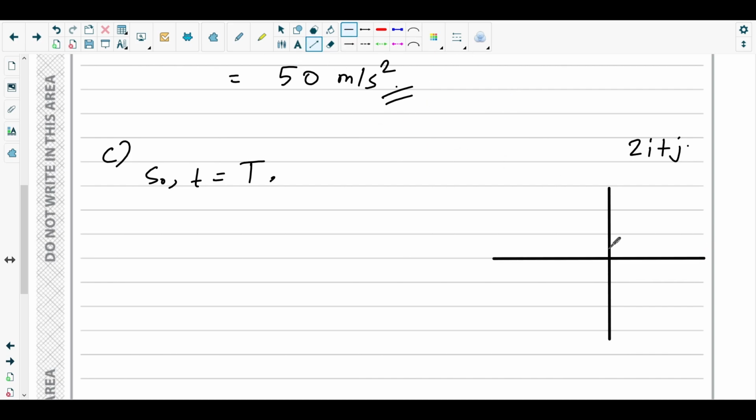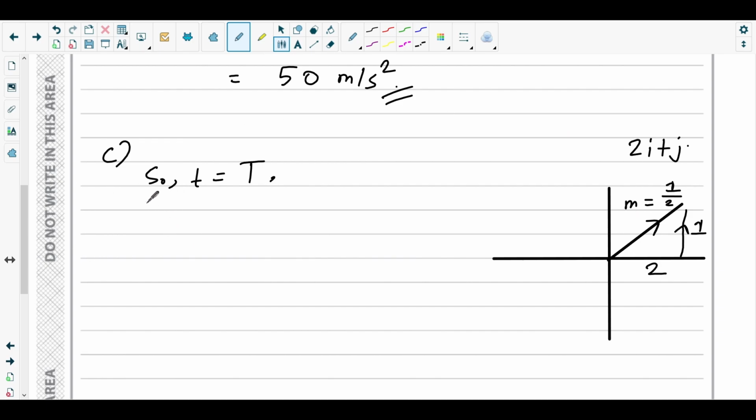So the gradient of this line is what? Rise over run. Rise is basically the j component, which is 1, and the run is the i component, which is 2. So rise over run for this direction vector is a half.